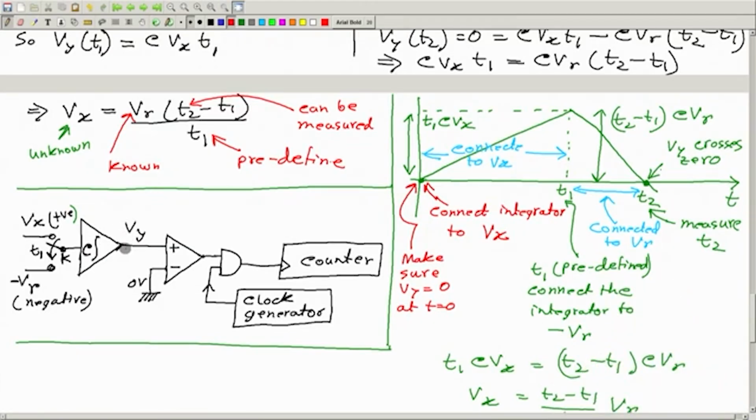Is that a problem? No, because this part will increase faster as well as this part will decrease faster. So their effect will finally get cancelled, nullified.